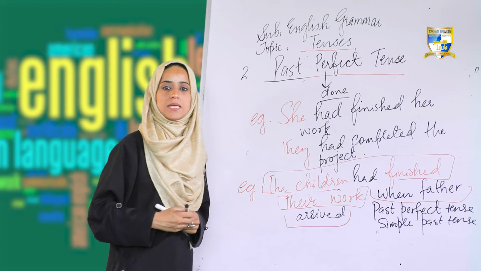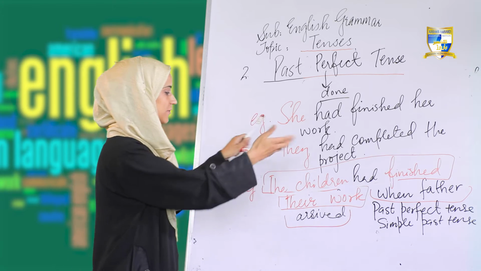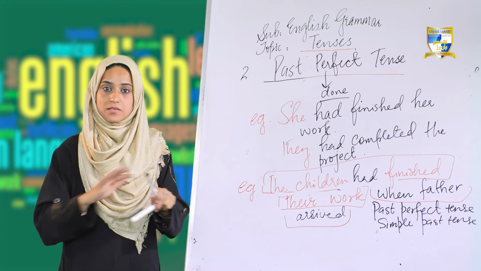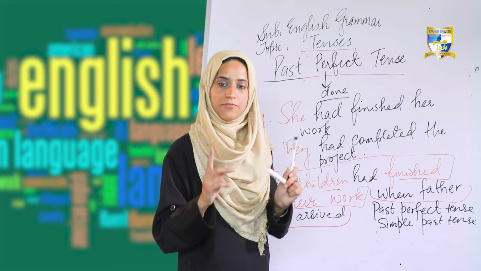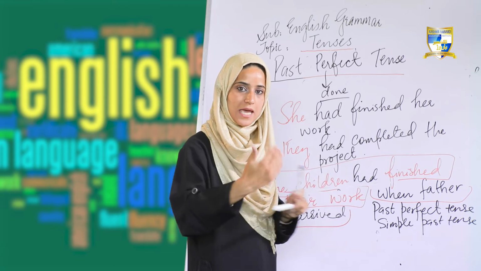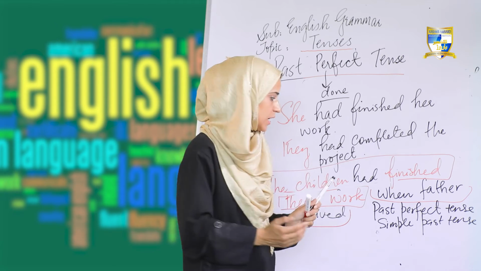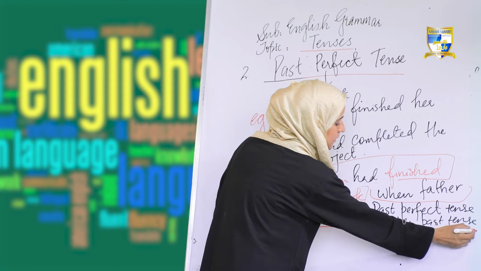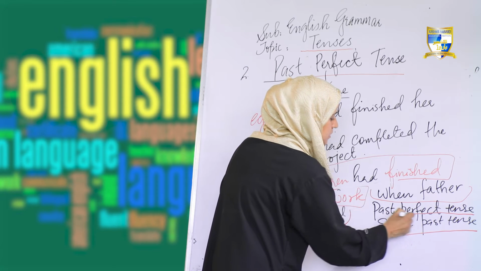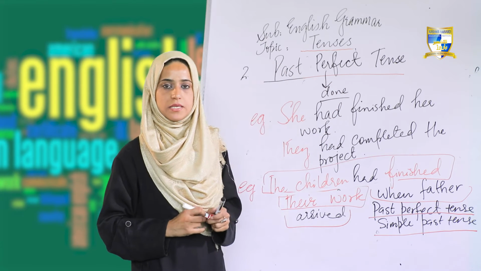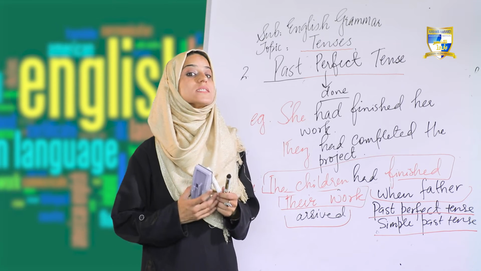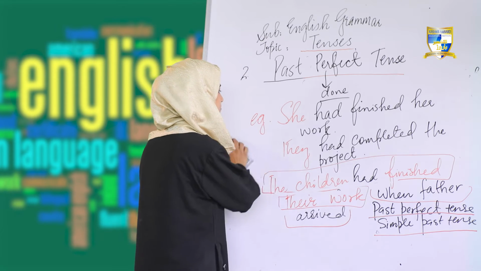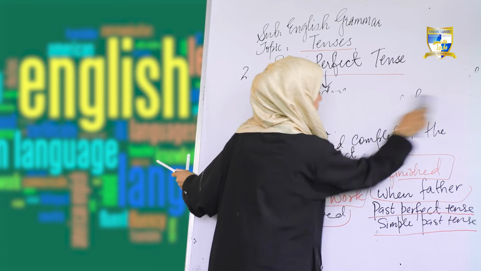We do not say it like this: the children had finished their work when father had come. No. We do it like this: we say the first action in past perfect tense, and then the next action that happened is indicated by simple past. So we have to remember these two points here. Now let's learn the structure of past perfect tenses.